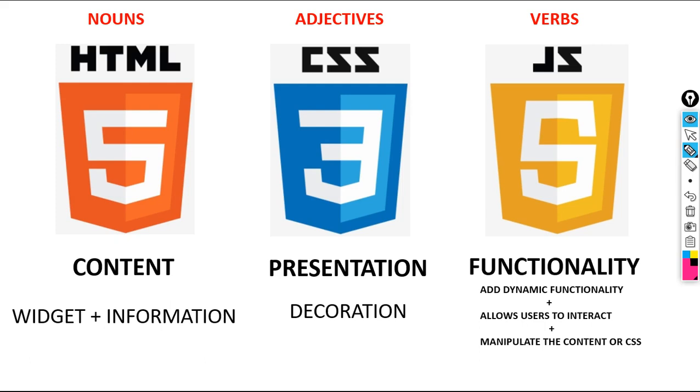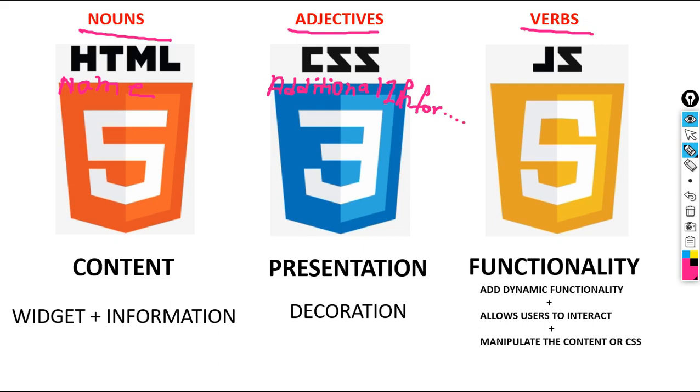In grammar we have nouns, adjectives and verbs. What is a noun? A noun is just a name. An adjective is something which gives additional information about the noun.